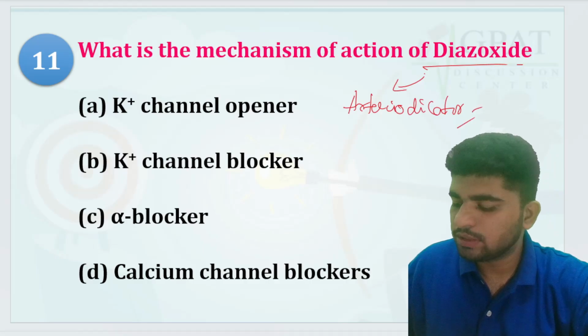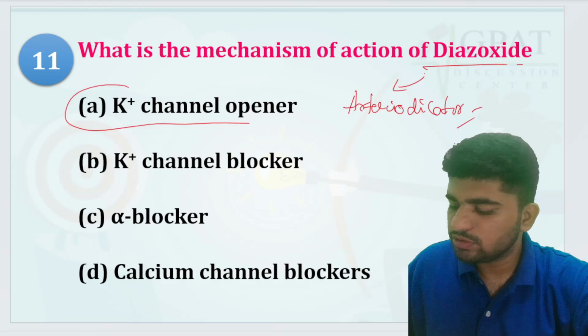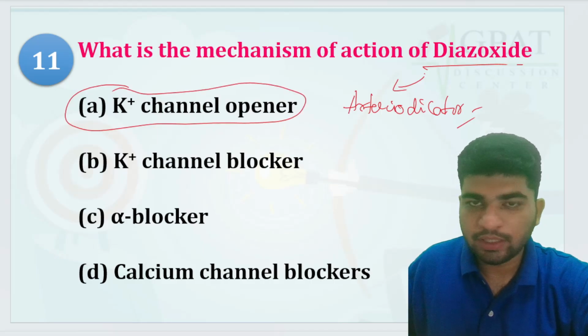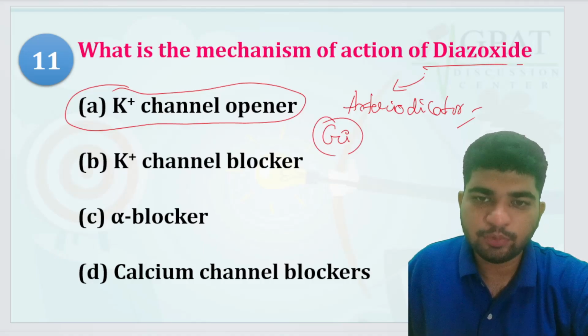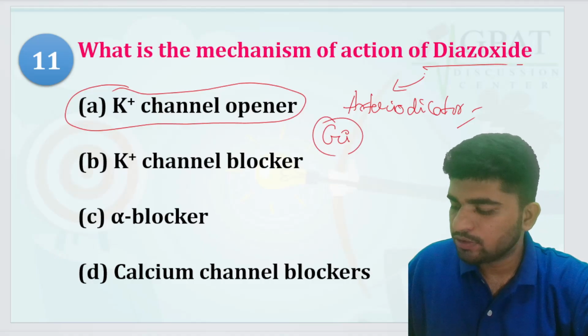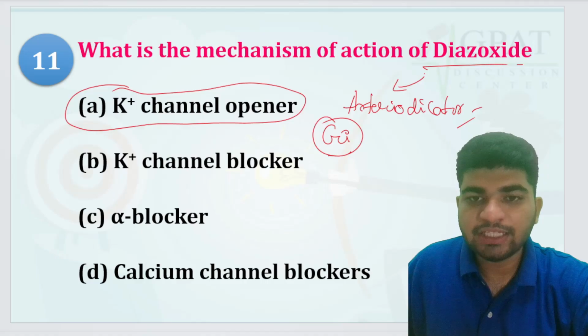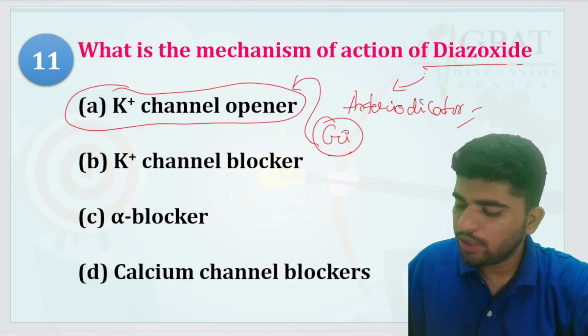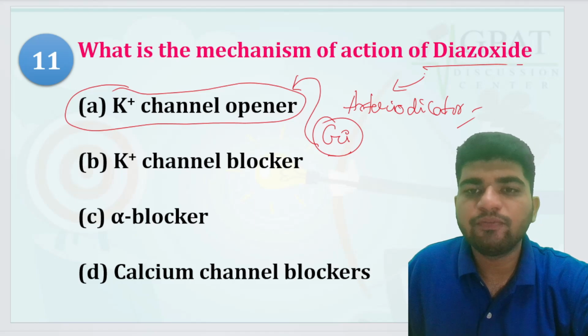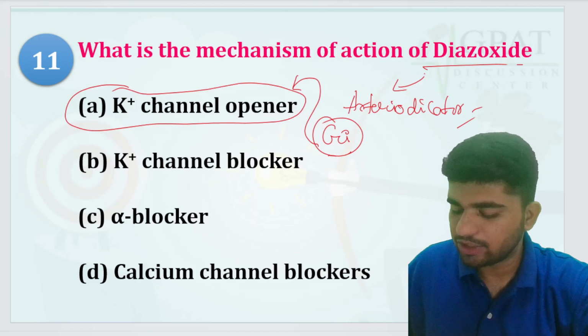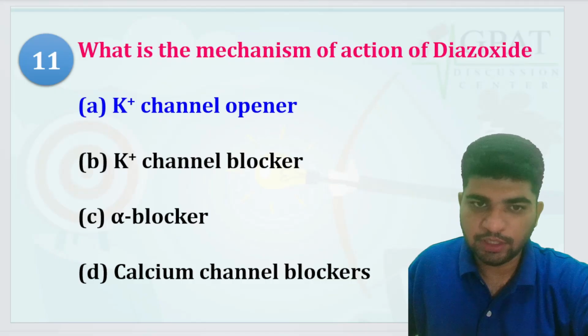It will cause arteriodilation through potassium channel opening, that is through the activation of Gi coupled receptor GPCR protein. Okay, Gi. So when you say Gi receptor downstream signaling, you will see there is an opening of potassium channel, through which there will be arteriodilation. Okay, potassium channel opener.